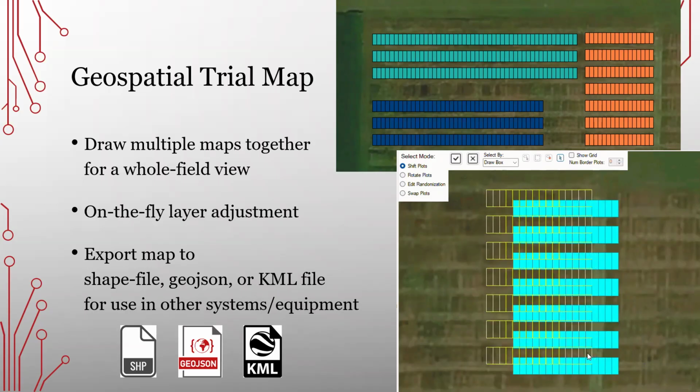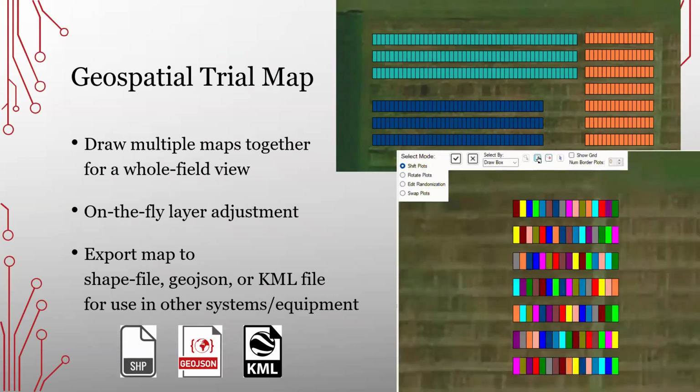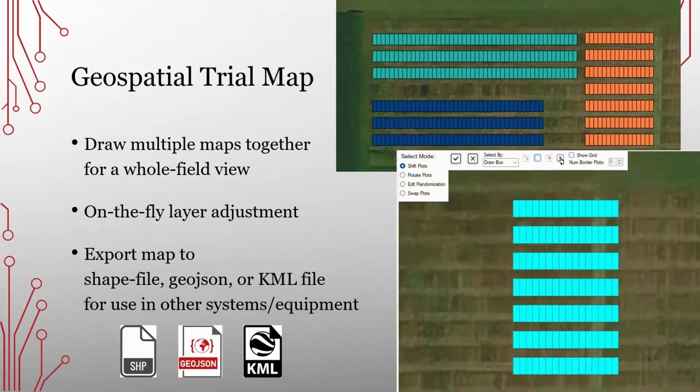So you can take this map in ARM and use it to inform your drone equipment or your planting equipment or anything that might want that geolocated information about where the trial is.